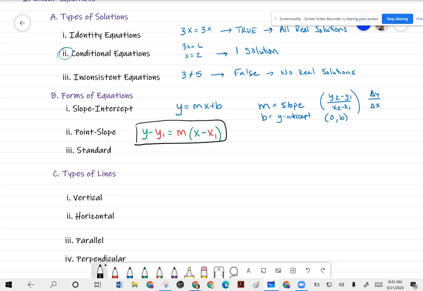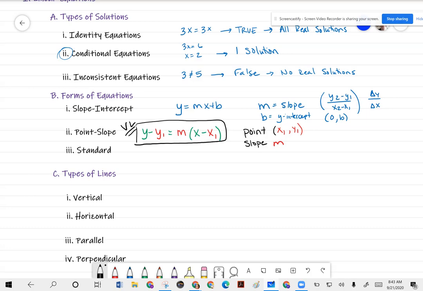Ideally you are given a point, so you're given the point x1, y1, and you also have a way to figure out the slope m. Now, this is what Varsity Learning desires, I believe. They want it like this.